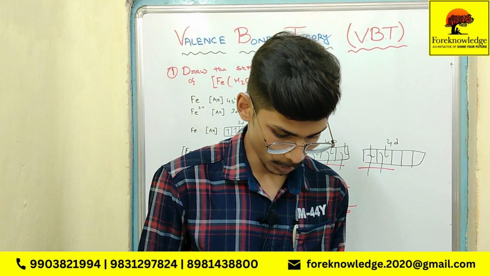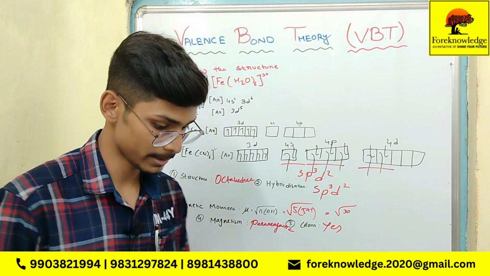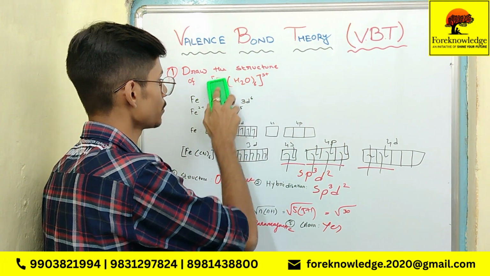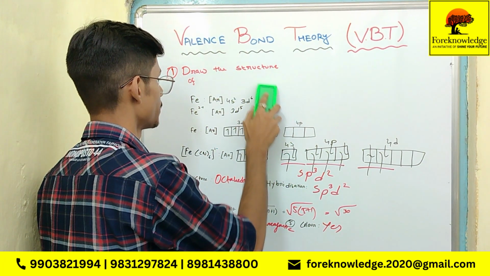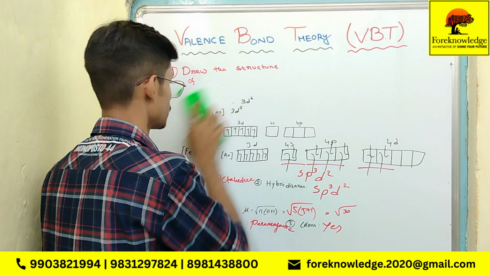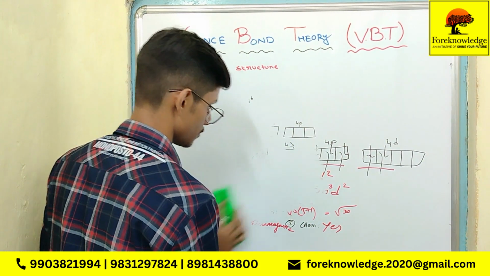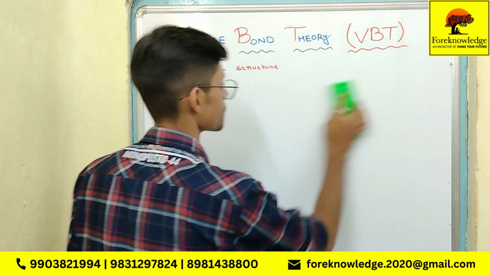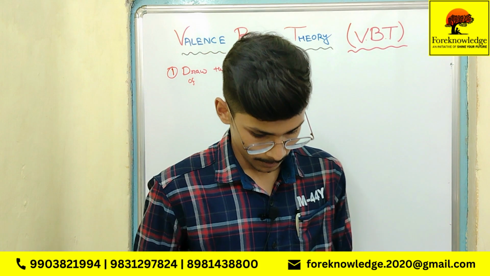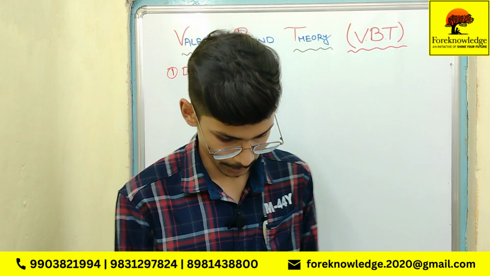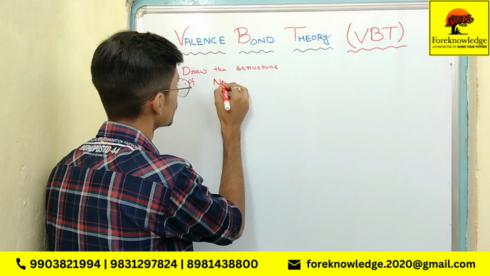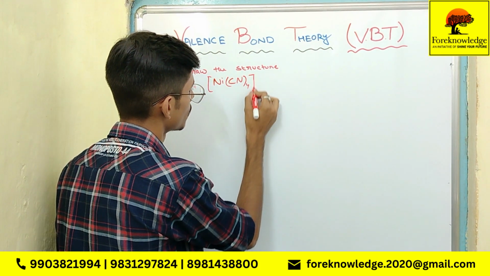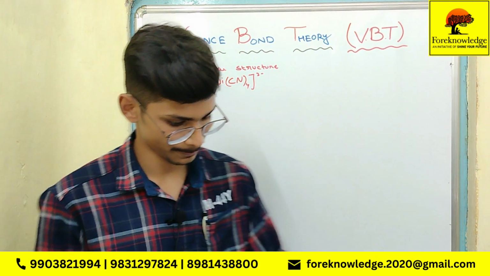and now it will be Ni(CN)4 2 minus. It was a 6 coordination number compound. Now I will show you a 4 coordination number compound. So the structure of Ni(CN)4 2 minus.